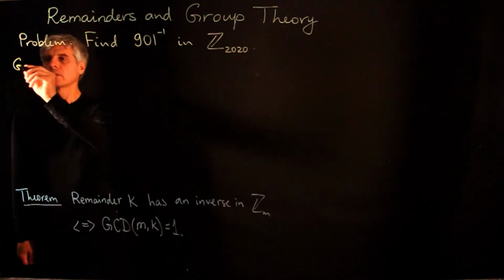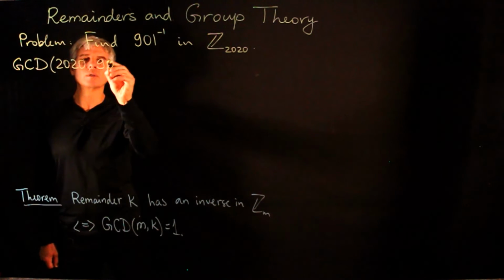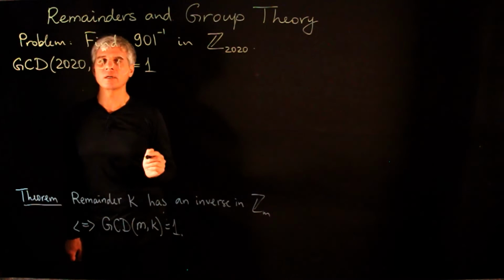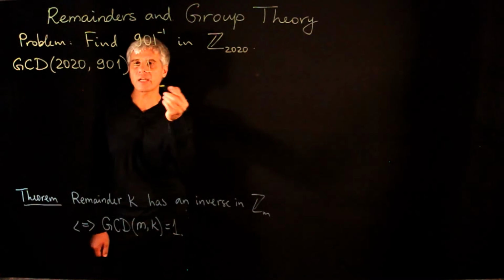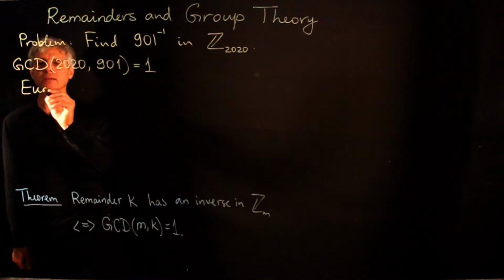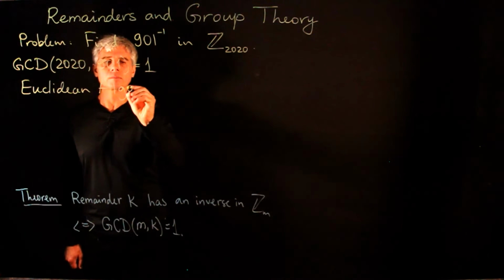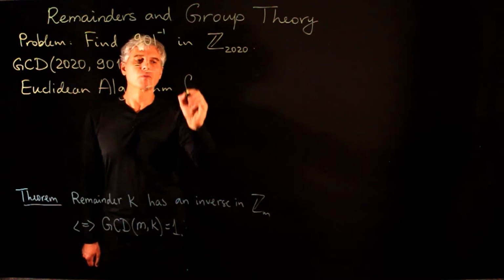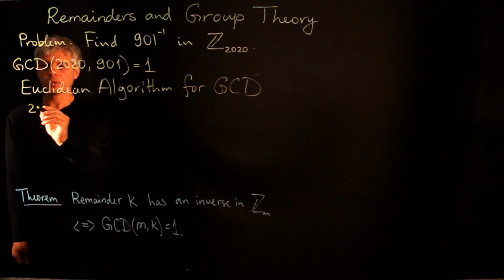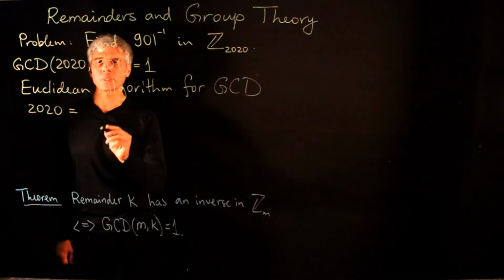Now, since we know that the greatest common divisor of these two integers is equal to 1, we can apply the Euclidean algorithm to verify this fact. Here we run the Euclidean algorithm for finding the greatest common divisor. We take the larger integer, 2020, and divide it by 901 with the remainder.